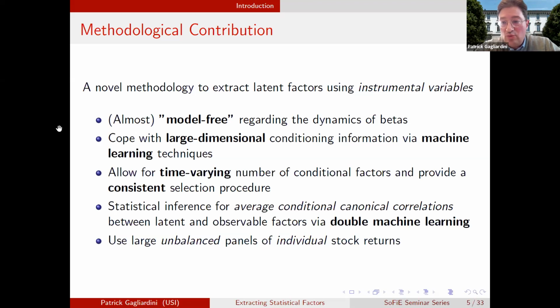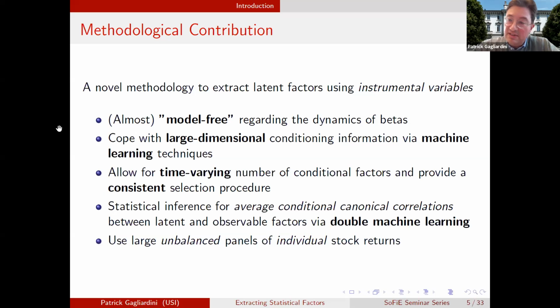So in this way, we can estimate parameters like the path across time of these latent conditional factors or conditional canonical correlations between these latent factors and some observable factors, for instance.